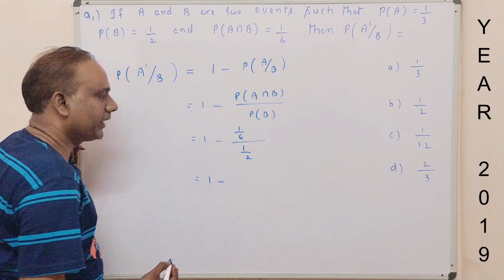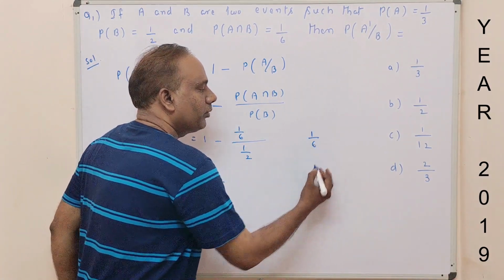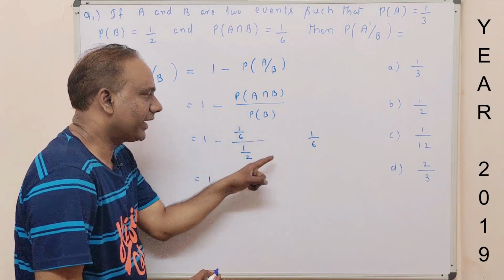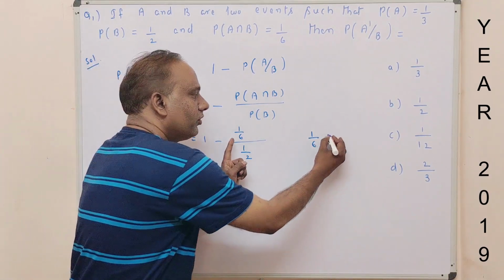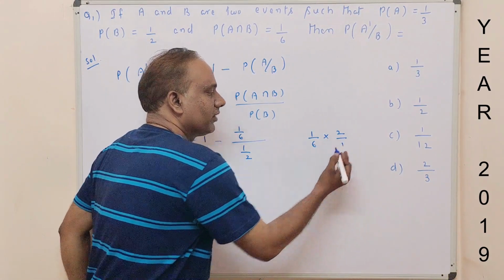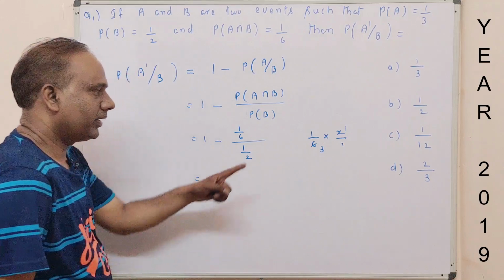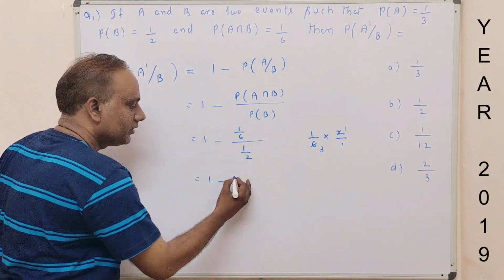So here, 1 by 6, this value I am calculating here. If you write it, this 1 by 2 becomes 2 by 1. So 2 ones are 2, 2 threes are 6. That means it is 1 by 3.